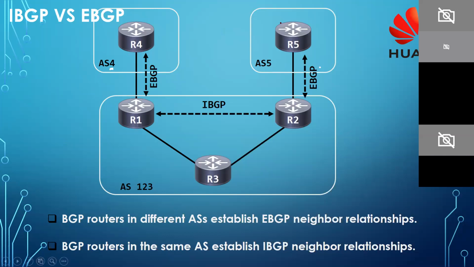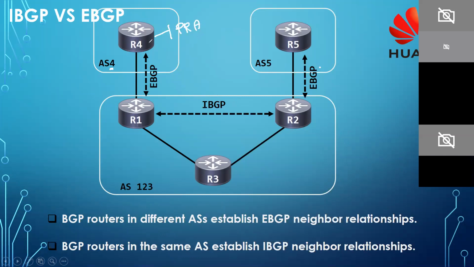So the question is, why do we need iBGP? So here in R4, if R4 advertises a prefix, for example, let's say prefix A, this is a route.